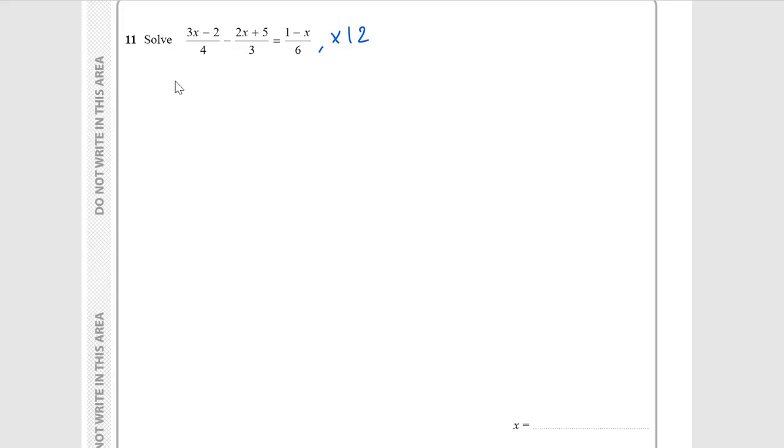We treat this like fractions as always. So 3x minus 2 is going to be multiplied by 3, minus 2x plus 5 is going to be multiplied by 4, and then on this side we're going to be multiplied by 2.